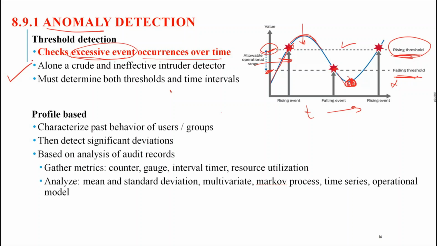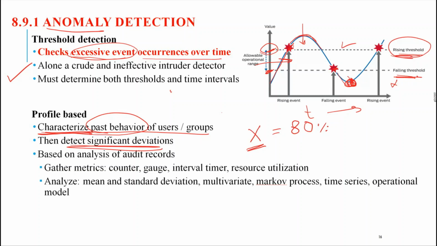In the profile based concept, we characterize the past behavior of the users, and then we detect significant deviations. For example, take a student who got 80% in the last quiz.